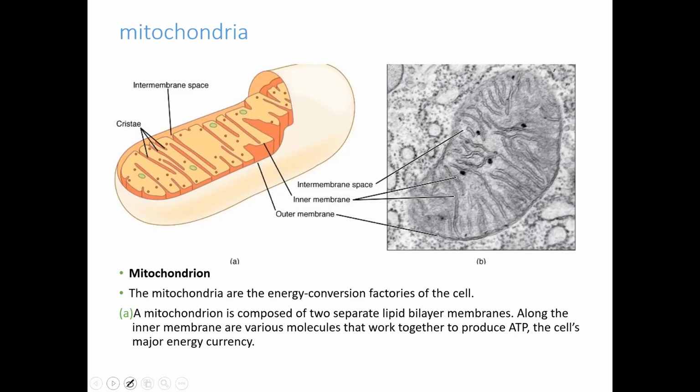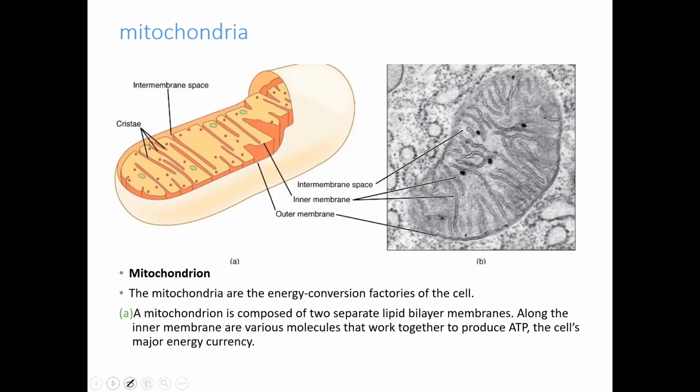So we make all of our ATP, or most of our ATP, I should say, in the mitochondria, and we use that ATP to do things. Now, the problem with ATP is we only have a 7-second supply, so we're always making new ATP over and over again. As long as we have glucose, we can make ATP.